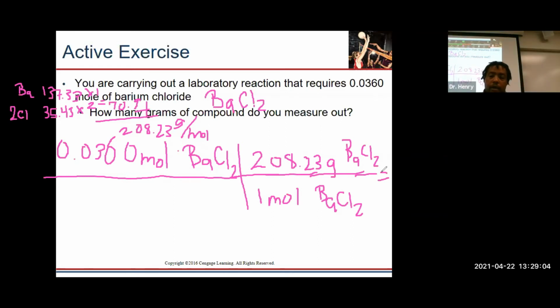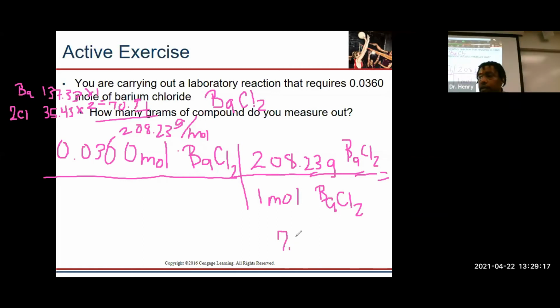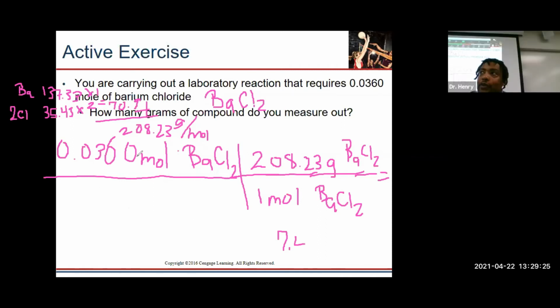Okay. What do you guys end up with? 7.4963. How many sig figs? 4 sig figs. Are you sure? 3. Yep. 1, 2, 3.